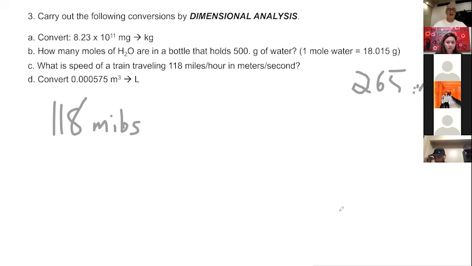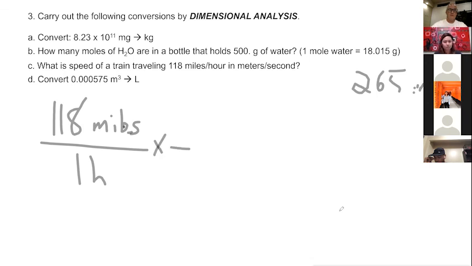Yeah, that's why I like to write it out, and then you can either do all the conversions at once or do them one at a time. Either way, but I always like to multiply because then I can follow the units. So 118 miles in 1 hour.